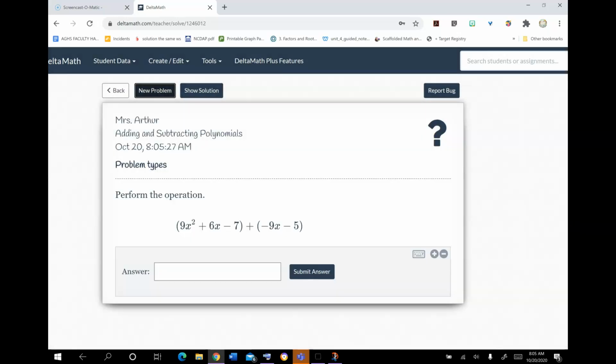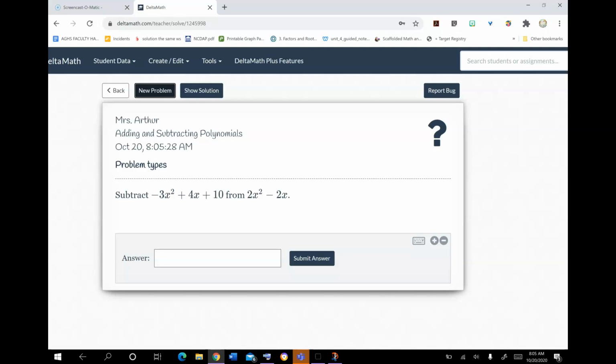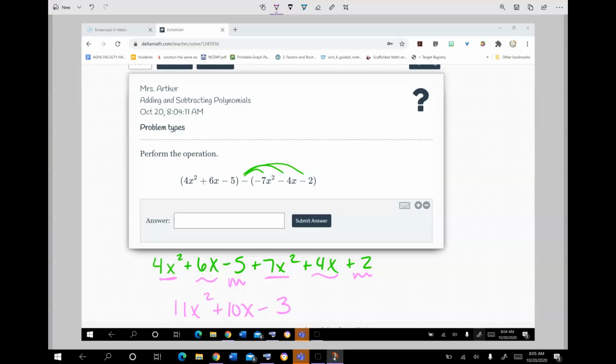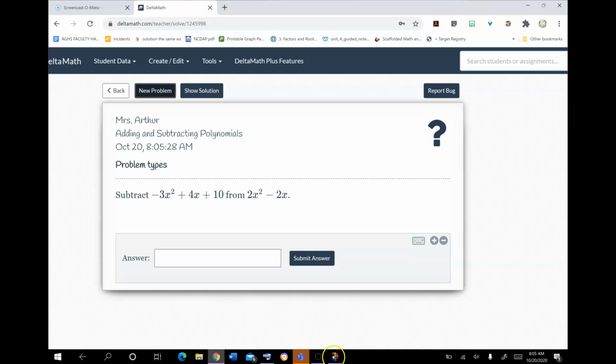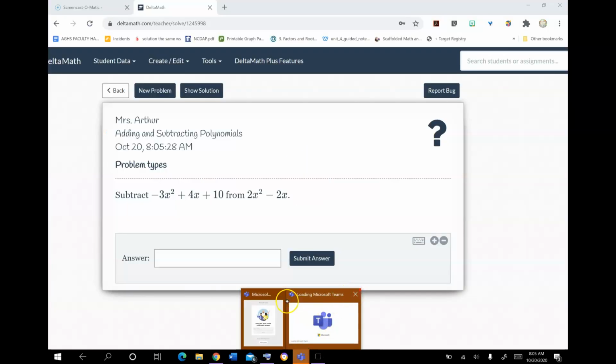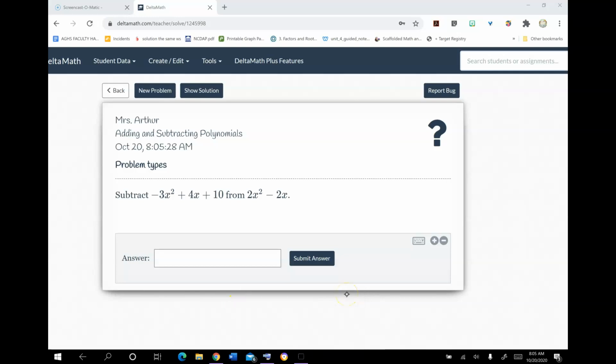One more subtraction. All right, so this one says subtract this from that. So I want to take this away from that. So you have to be careful and read this, okay?